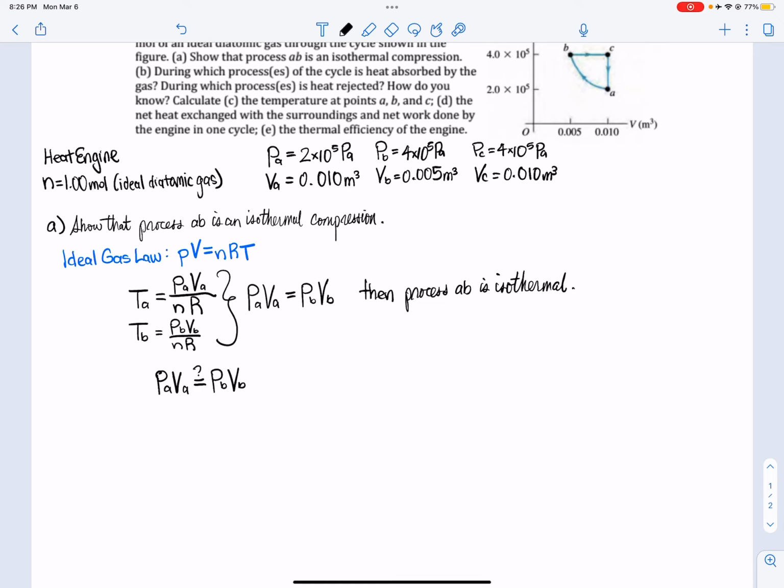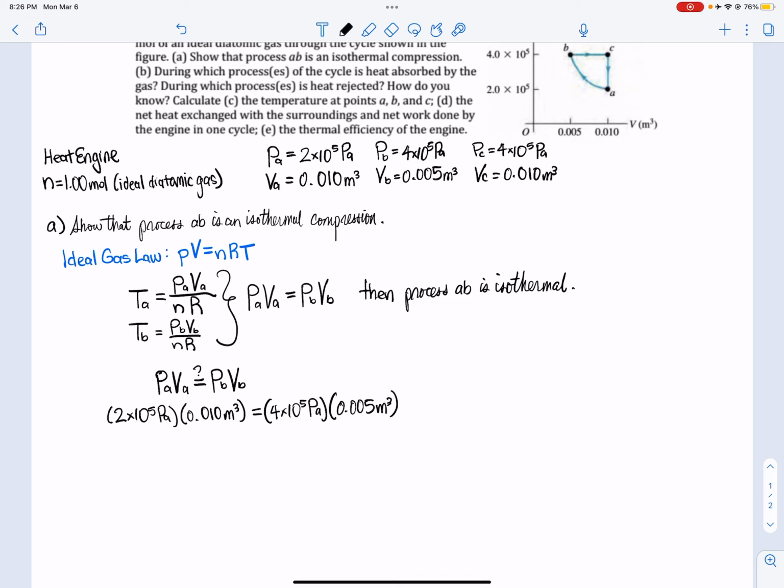Let's find out. Sorry, there seems to be a delay in my stylus's writing. The pressure at A is 2 times 10 to the 5th pascals times the volume at A, which is 0.01 cubic meters. Is that equal to the pressure at B, 4 times 10 to the 5th pascals, multiplied by the volume at B, 0.005 cubic meters?